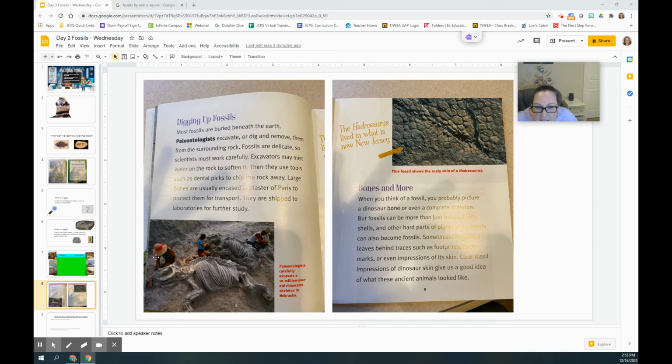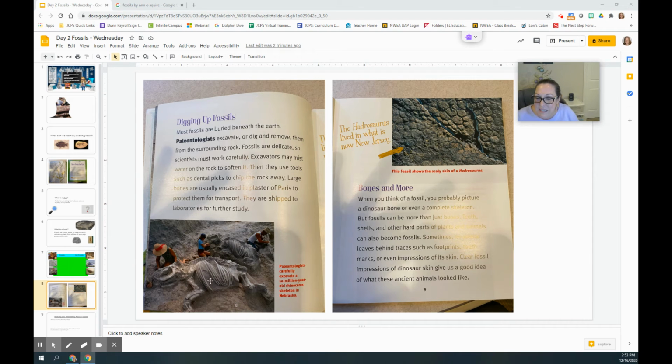I mean, I can look and I can see that there's some people and some bones and some fossils, but I got to read this caption. Paleontologists carefully excavate a 10-million-year-old rhinoceros skeleton in Nebraska. If I hadn't read that caption, I wouldn't know that these people are paleontologists, and I wouldn't know that this is a 10-million-year-old rhinoceros skeleton in Nebraska.